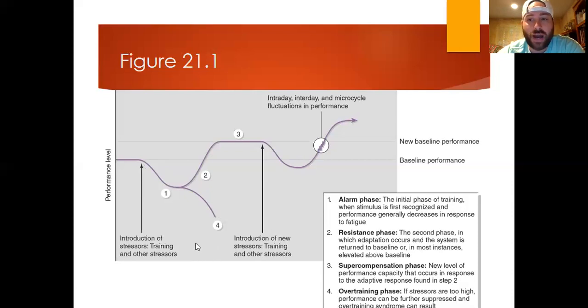If our stressors are too high and we don't have the proper recovery, overtraining syndrome can result. And essentially you'll never get to this point. We need you to stop training and allow yourself to recover properly to get maybe back to this, if that. And then we start the phase all over again. And what you've done is you've lost a lot of valuable training time.